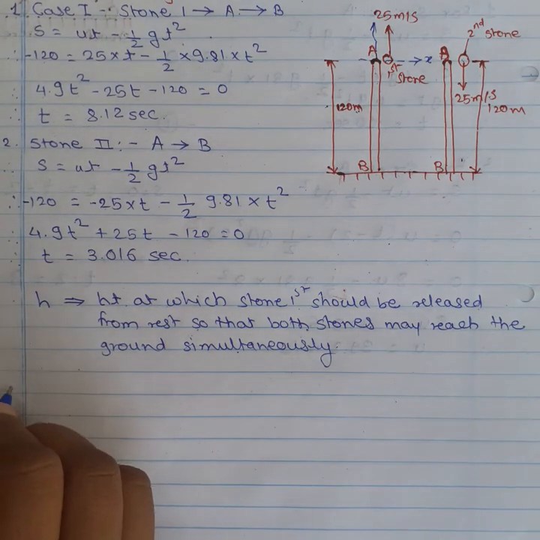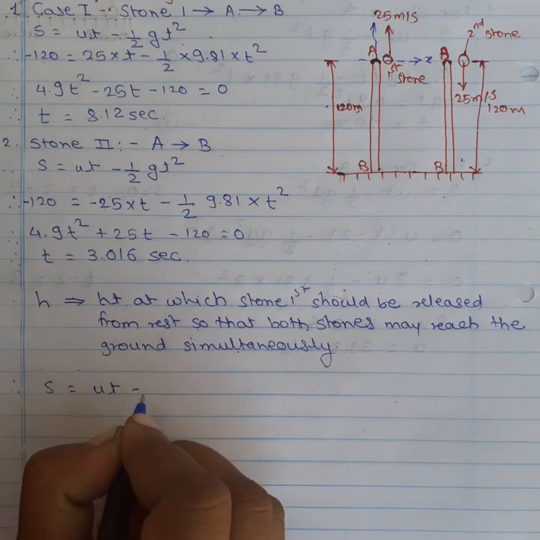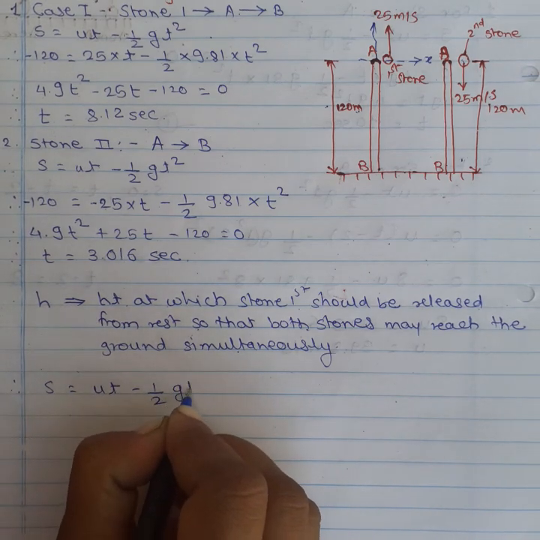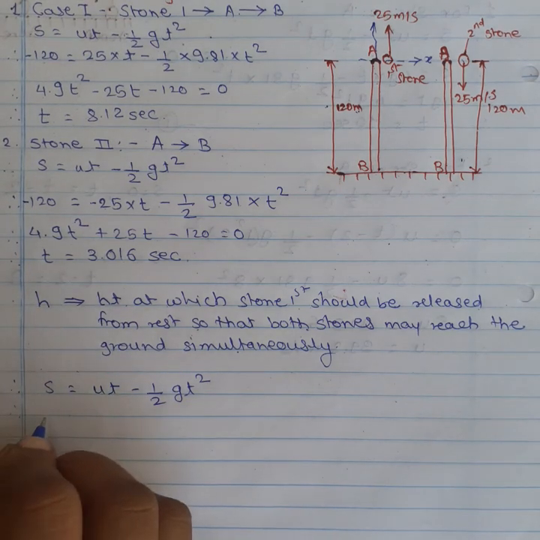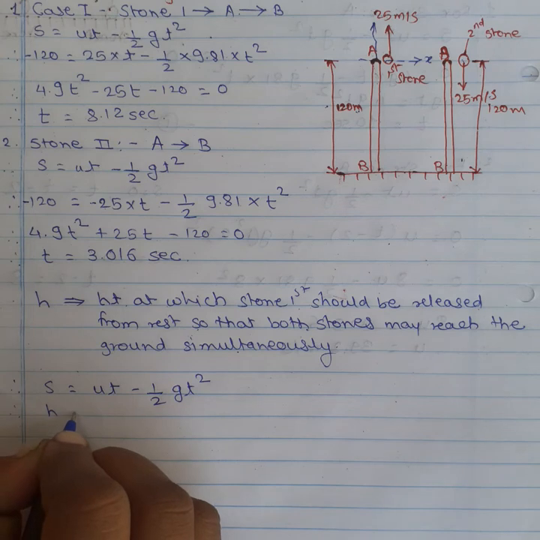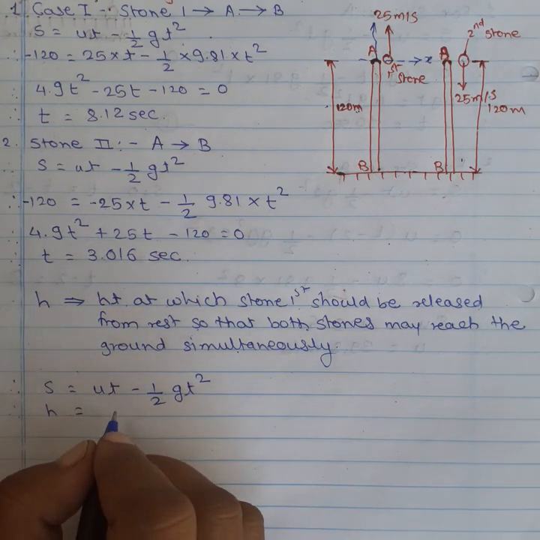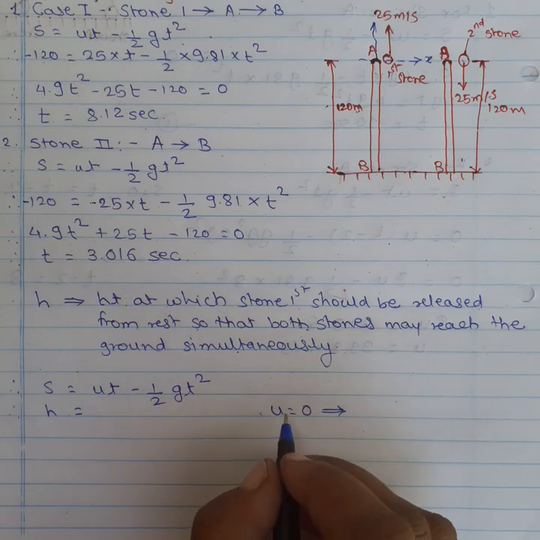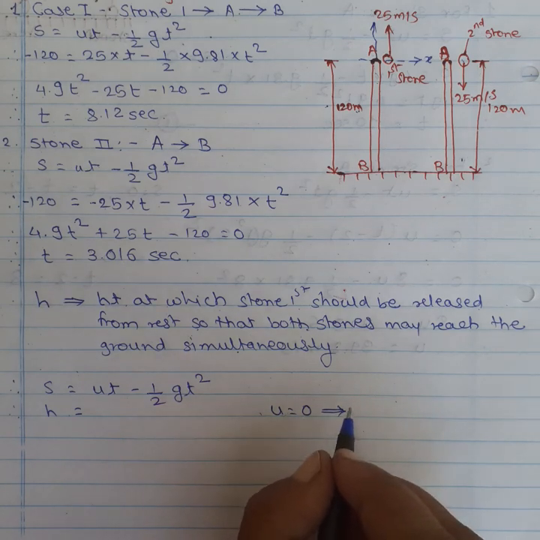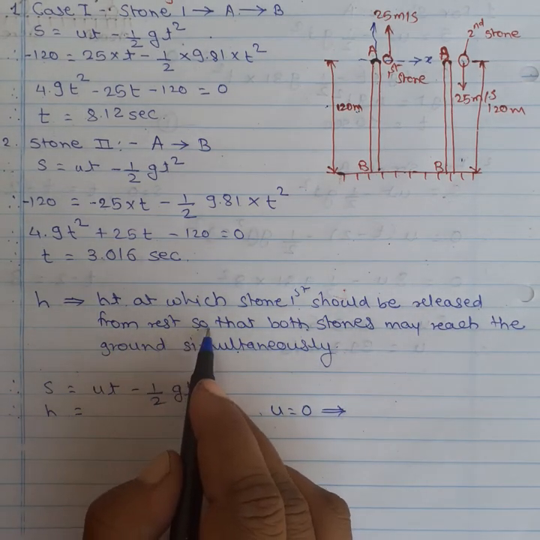Now use the equation s = ut - 1/2 gt². Here s is the displacement, that is the height h, and u is equal to 0. u is the initial velocity of the stone, and here the stone is released from rest.